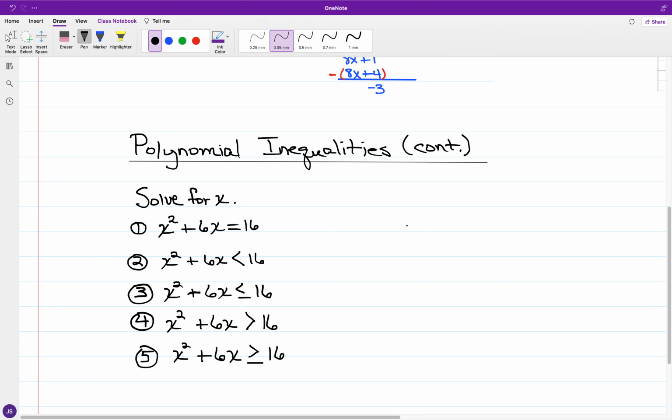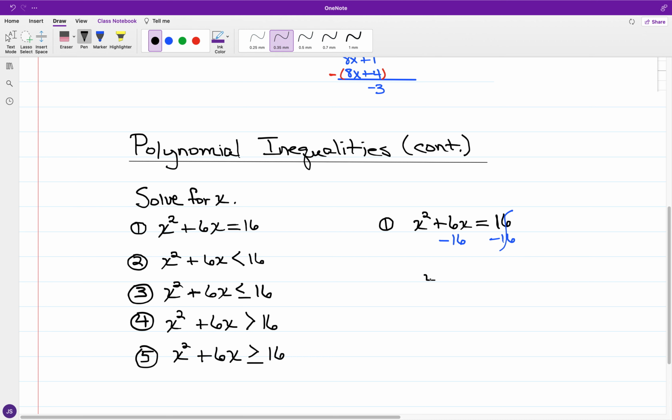So if we look at these items, for the first we have a quadratic equation. For x squared plus 6x equal to 16, I can put what I have here in terms of establishing zeros that we can use in setting up a table concerning the possibilities that we have among the inequalities.